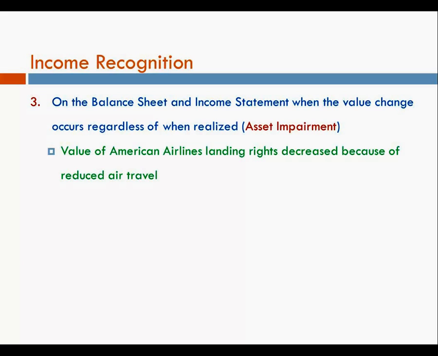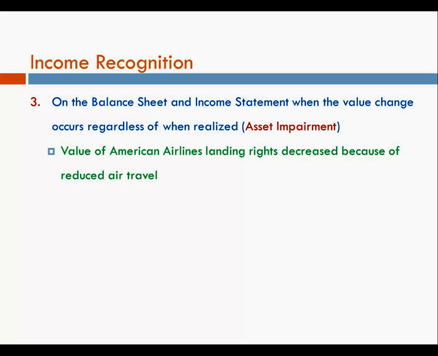Then there are times when it's on the balance sheet and it's affected on the income statement, even though it's not truly realized. These are impairment costs. The value of an asset goes down, and it's only down. If it goes up, you don't do it this way. But if the asset value goes down, there's no expectation that you'll ever be able to get that value back.